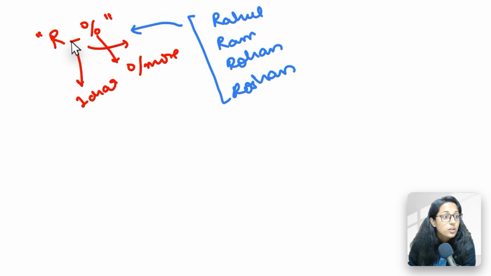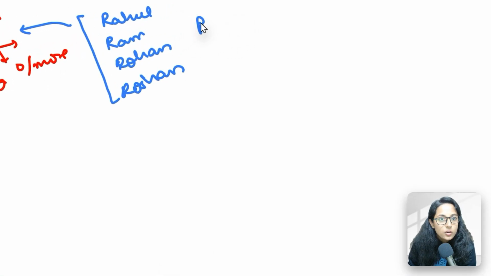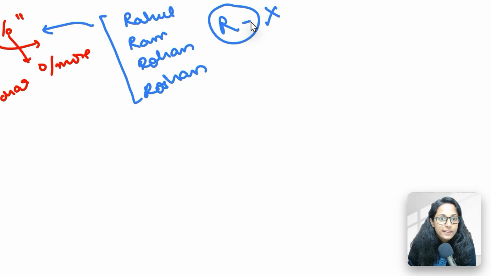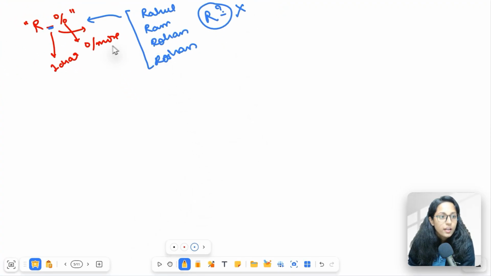Yes, because we are able to get a single character and the rest can also be completed here. But if I say only R, will this satisfy? No, because it will look for a second character which we do not have. Got it? So that's how we can play around with this.